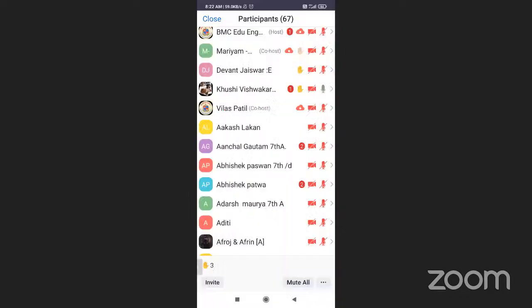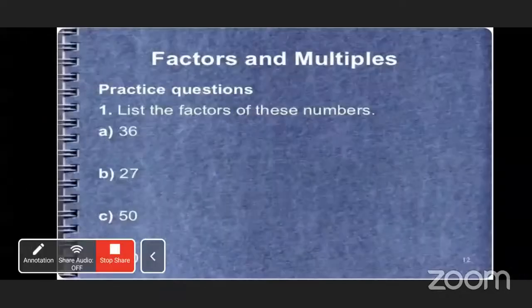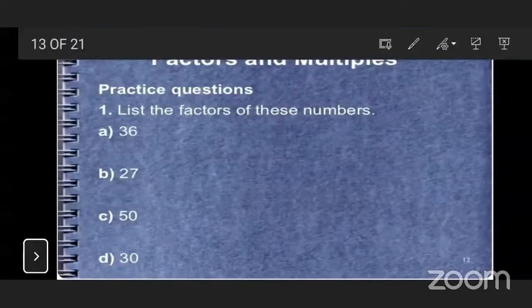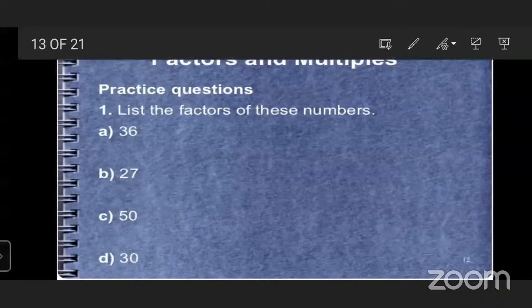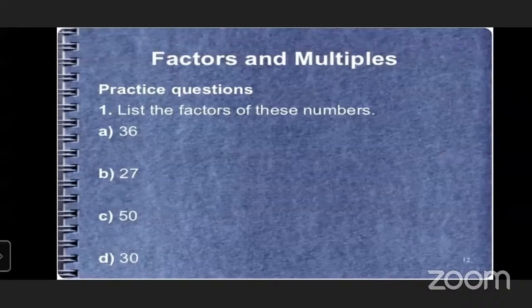Yes. Now, list some factors of 36. 36, 27, and 50. Now, who will tell the factors of 36?